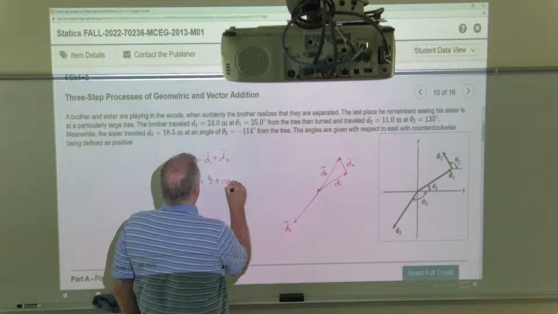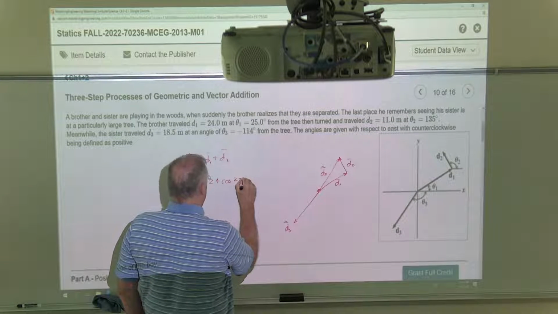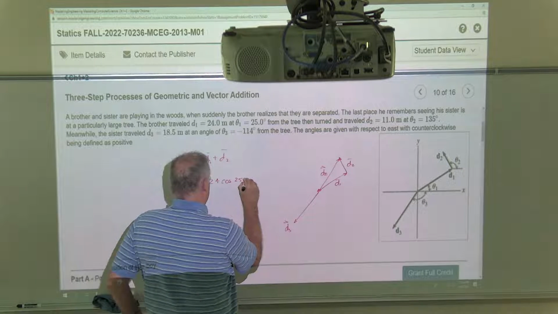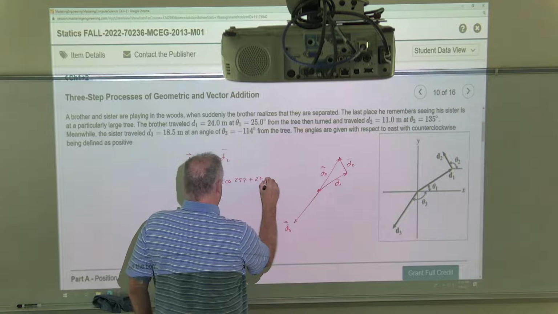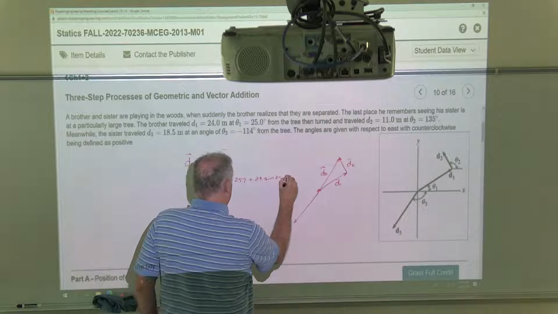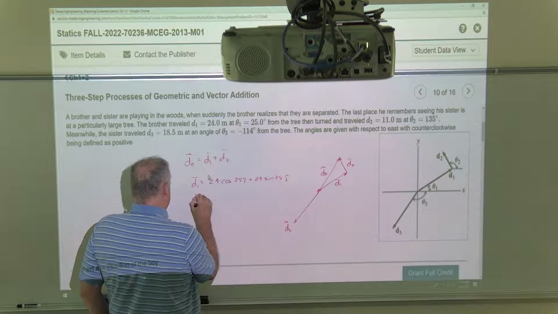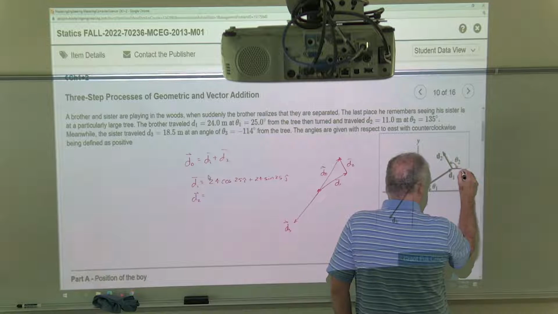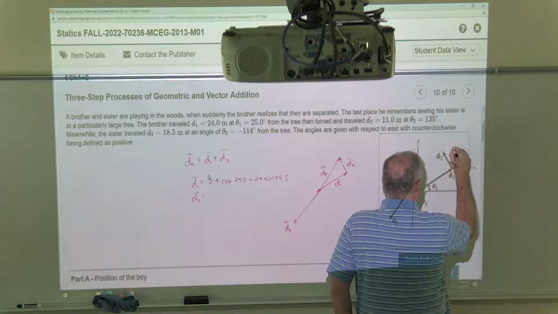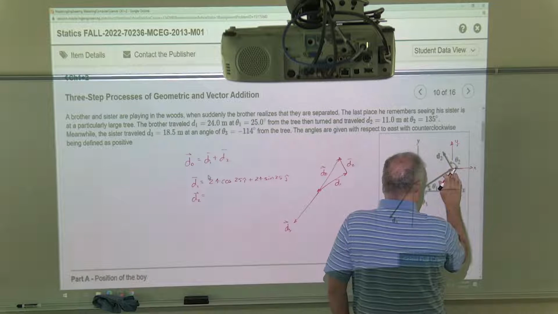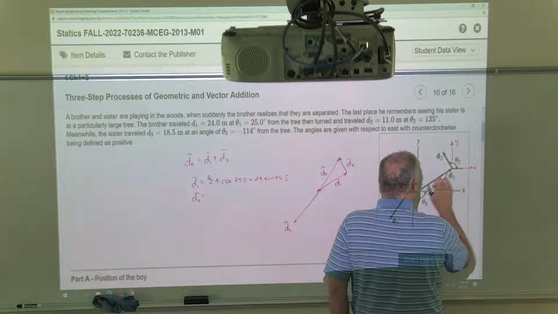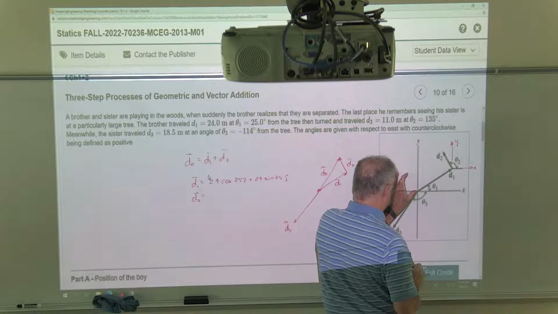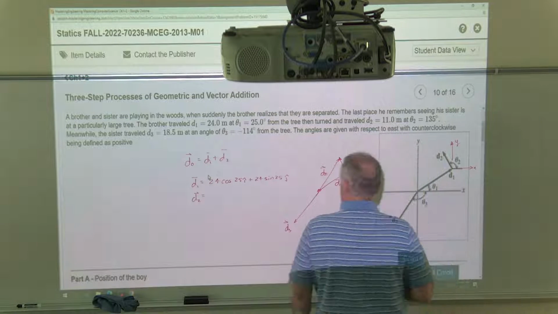So it'll be 24 cosine 25, not 22, but 25 i plus the other. And then D2: if you set yourself up a new x and y coordinate, using this as the base, you're basically bringing the vector back here and adding it.